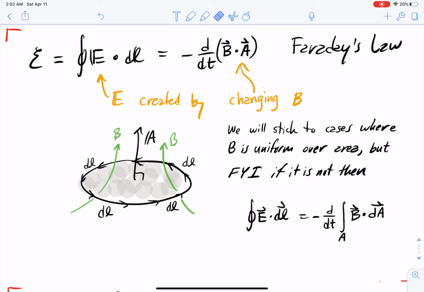And it's important that the direction of the dl, what we're calling a positive EMF, in essence, if the EMF is positive, it pushes the current around in that direction. That has to be the right direction relative to the area.